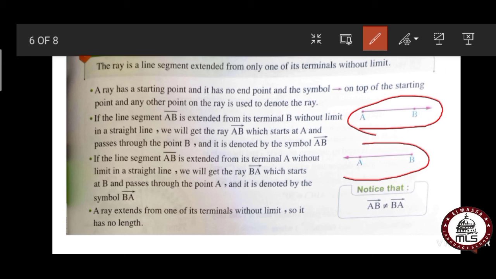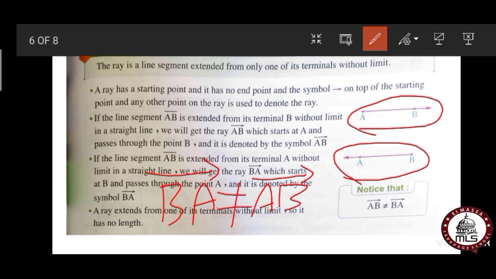It is denoted by ray AB or ray BA. But here ray BA is not equal to ray AB, because here I start with A, but here I start with B. Okay, it's the ray.